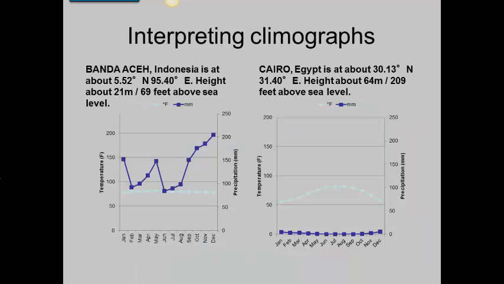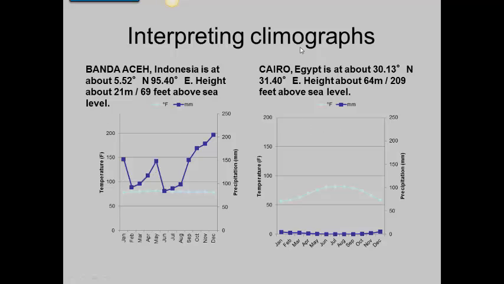This figure shows two climographs for two very different regions of our planet. The first one is from Banda Aceh, Indonesia, which is located at about 5 degrees north latitude, and it's pretty much located at sea level.